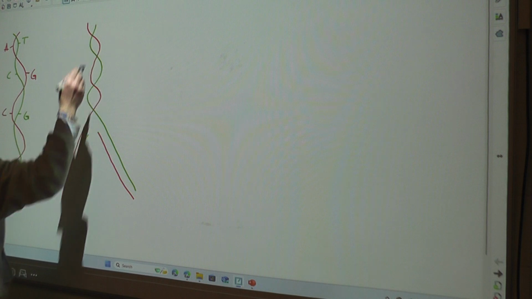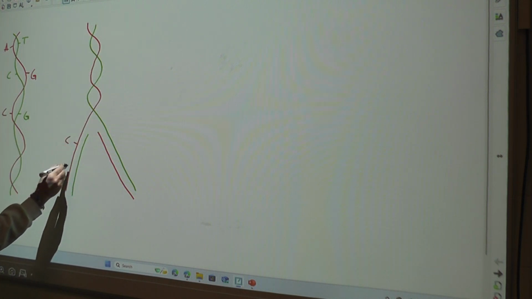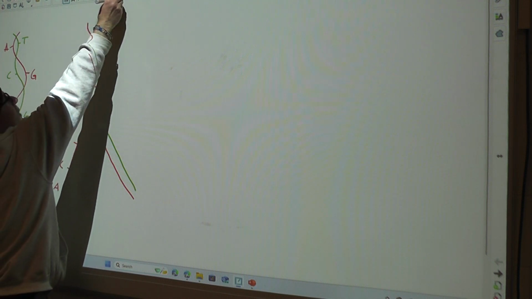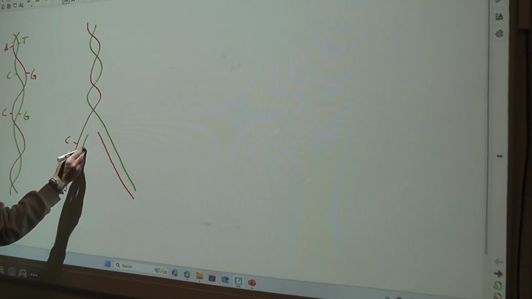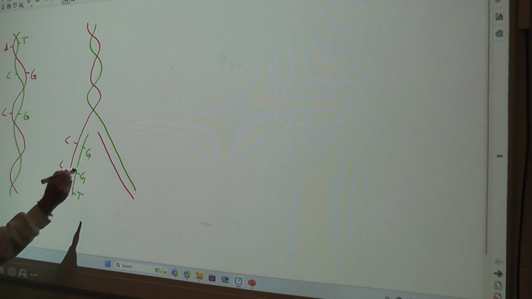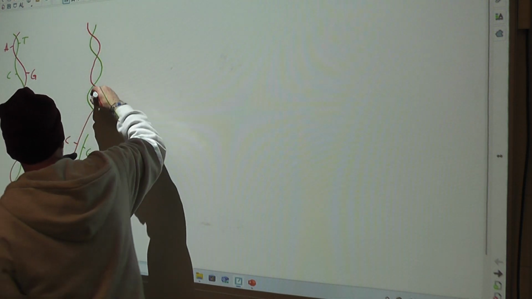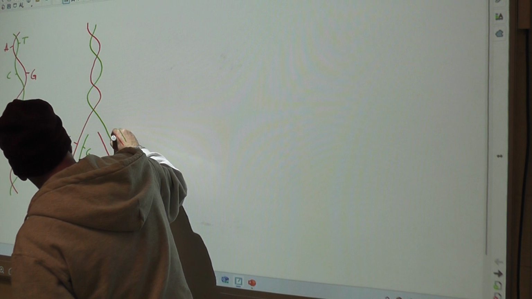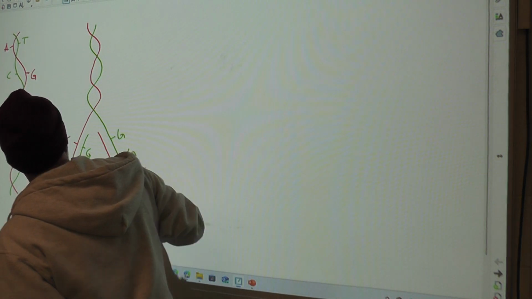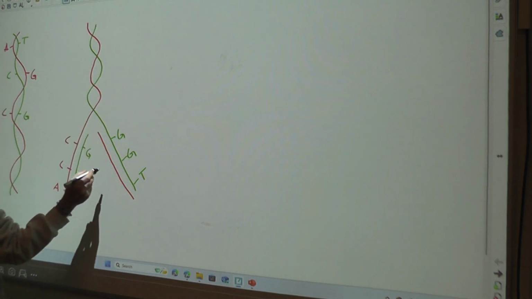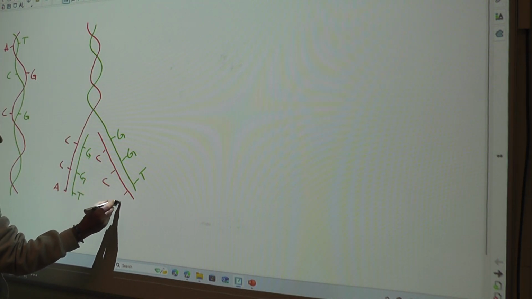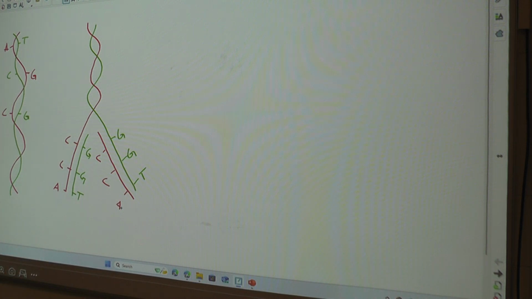And then if you take those two strands and separate them, we're going to find the same thing. If this strand over here had a C and a C and an A, then the new strand that's built will have a G and a G and a T, but the old green part of the strand also had a G and a G and a T. And the new red part will also have a C and a C and an A. So what do we have here?